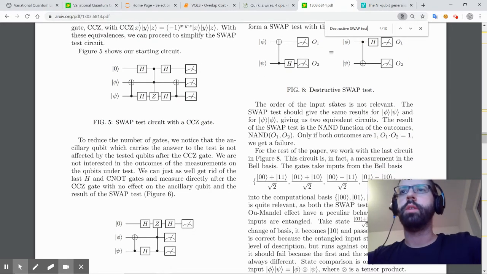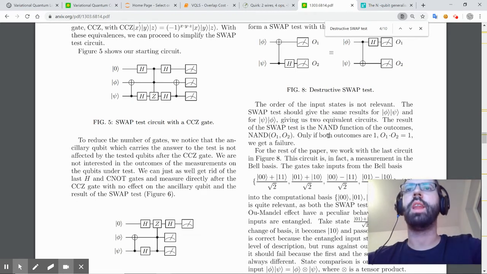The order of input states is not relevant. The swap test should give the same result, and giving us two circuits, the result of the swap test is the non-function of the outcomes.